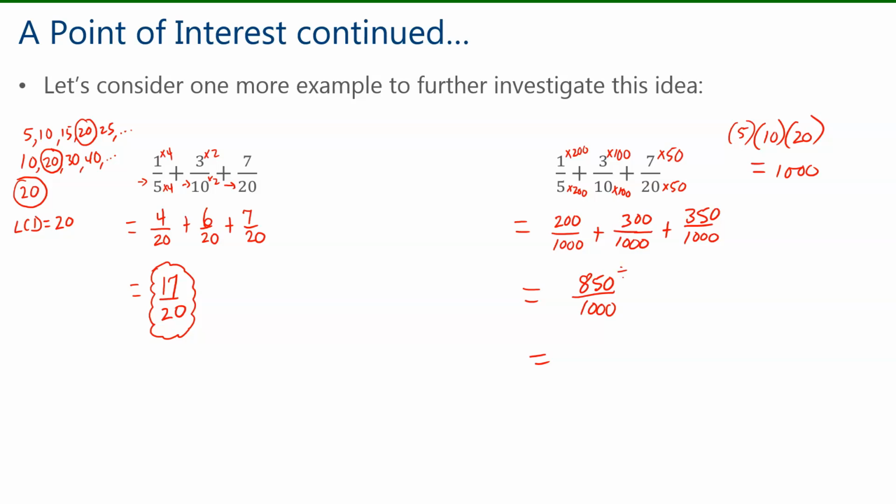And if we think about it, 50 is the largest number that will divide nicely into 850 and 1,000. And then that will give me the 17 over 20. So yes, we do end up with the same answer. And yes, you can do this question in this manner. But we encourage you to go for the LCD to make your life easier.